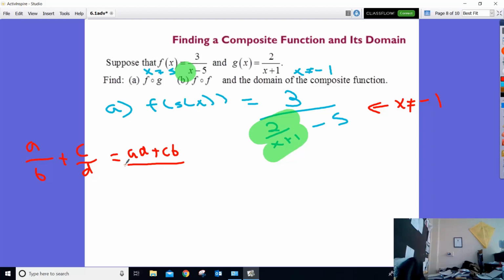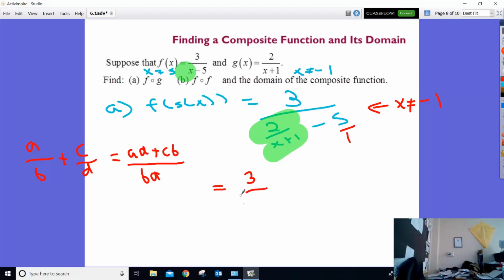BD. 5 is sitting over an understood 1. What do I give the 2? I gave this AD, what do I give that 2? 1. Some kids like to think of it as cross multiplication. It is and it isn't, but that's kind of how it works.